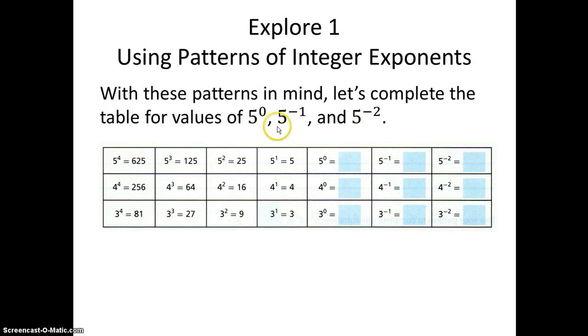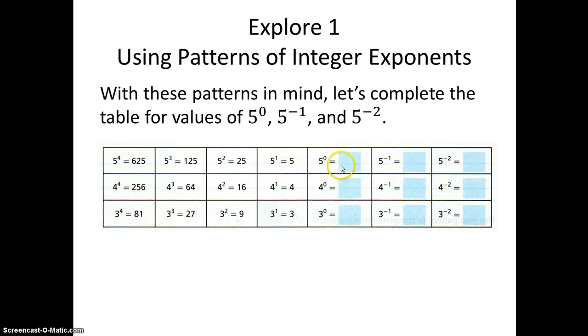With these patterns in mind, let's complete the table for the values of 5 to the power 0, 5 to the power negative 1, and 5 to the power negative 2, so these boxes here. Continuing our pattern, notice that each time we decrease the exponent by 1, we divide the power by 5. So if I decrease the exponent once again by 1, I should divide by 5.